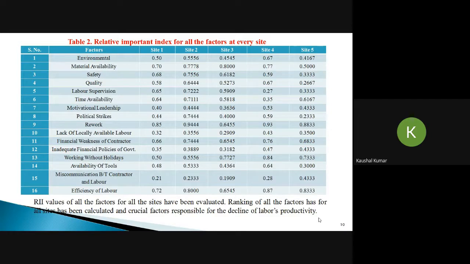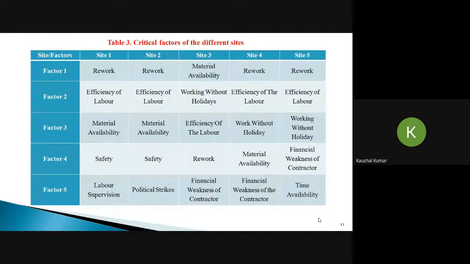In this case, we can see that a few of the important factors are rework and labor efficiency. From this data, we also get the top 5 factors at each particular site, based on the RII values. So these are the factors for each site.